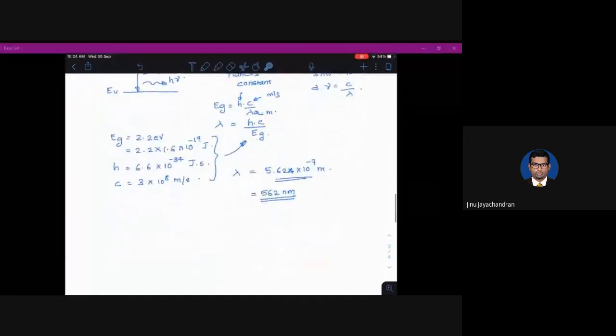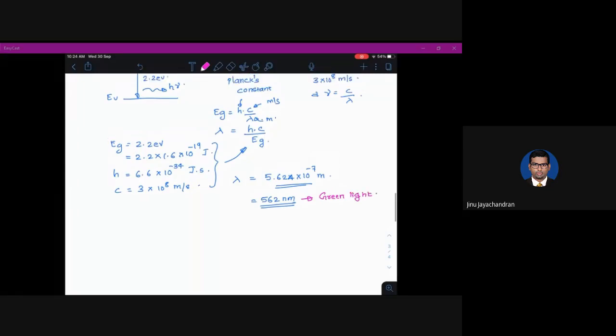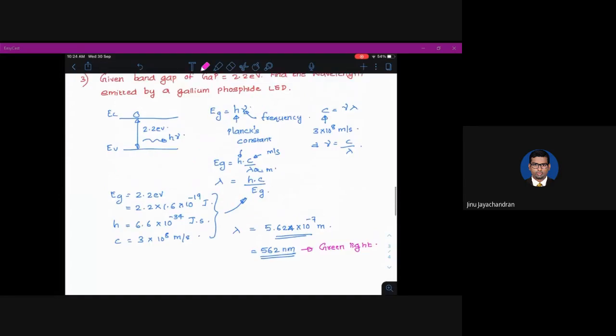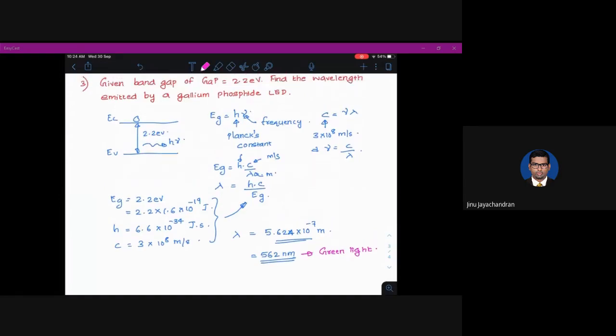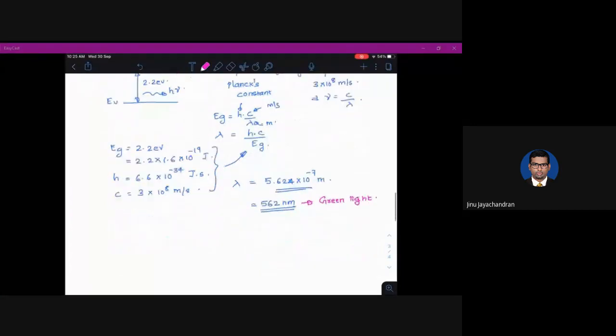If you look at this lambda, it is basically green light. So gallium phosphide is used to make an LED which emits green light radiation, and this radiation of lambda 562 nanometer is that of green light.